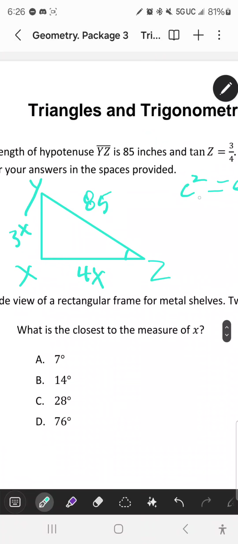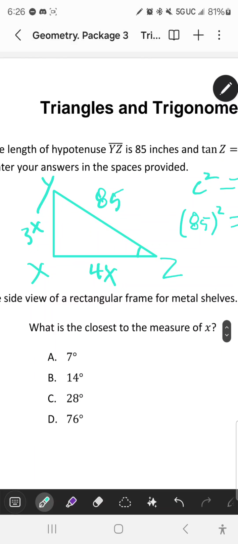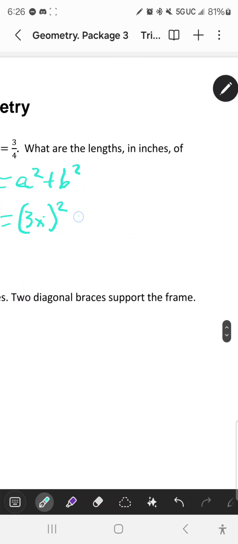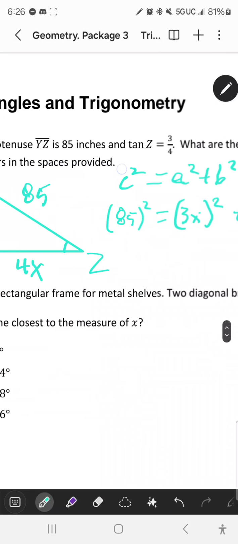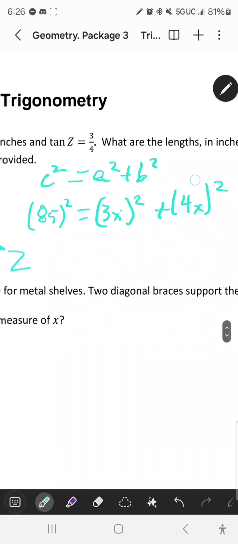C squared will be the hypotenuse squared. I know the hypotenuse, the big line, is 85. So 85 squared equals a squared. A could be either of the two sides, so I'm going to say 3x squared, plus the other side is 4x, so 4x squared.